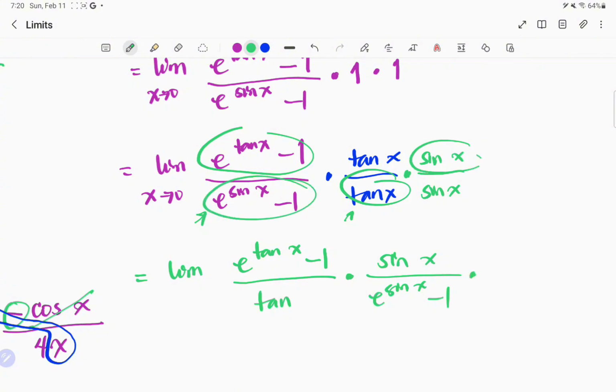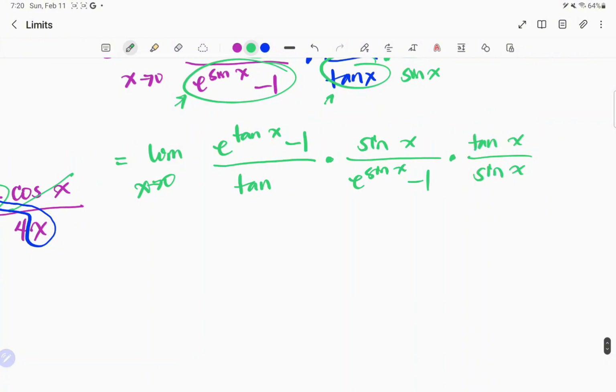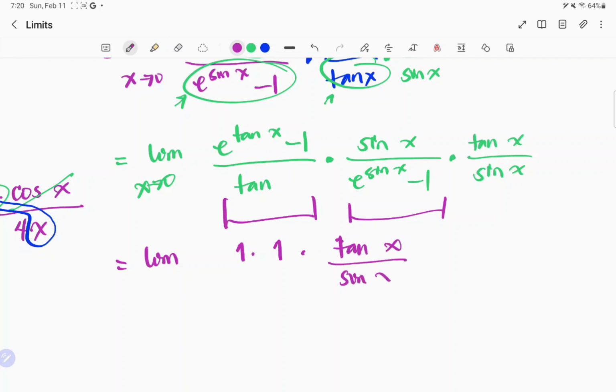Now the third factor will be tangent x over sine x as x approaches 0. Now I know that by special function, these two functions are already equal to 1. So meaning I have the limit of 1 times 1 times tangent x over sine x as x approaches 0.